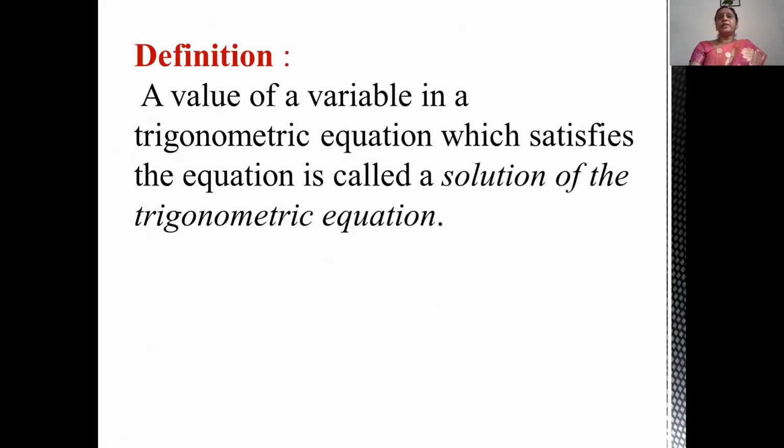Then what will be the definition of a trigonometric equation? A value of a variable in a trigonometric equation which satisfies the equation is a solution of the trigonometric equation. Again, I repeatedly tell you that the definition is not important. Only try to understand the concept: what is meant by solution?